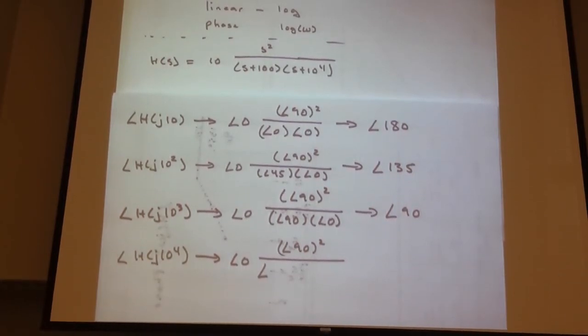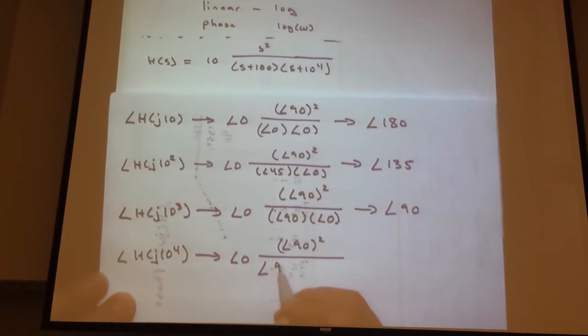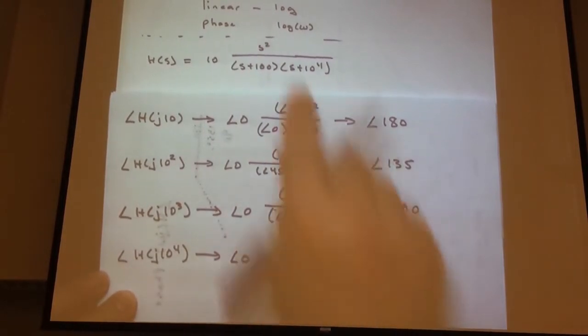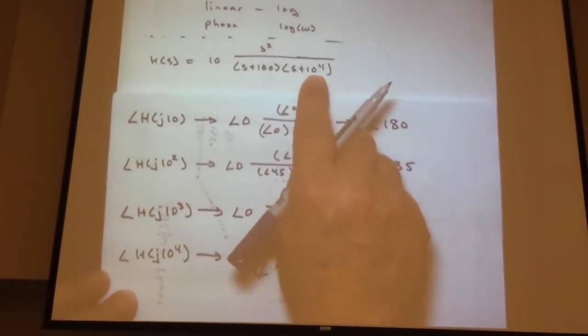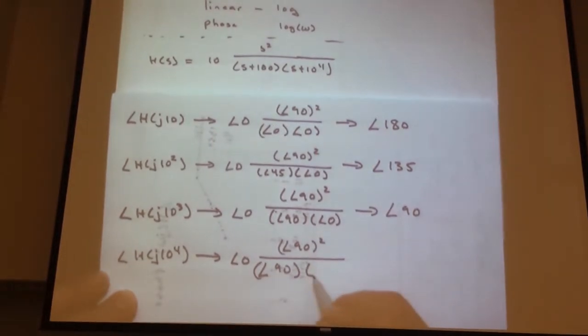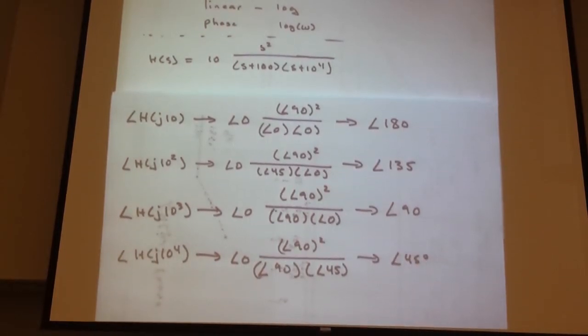So that's angle 90. And j10 to the 4 plus 10 to the 4. Again, one we should do by inspection. Angle 45. And that goes to 45 degrees.